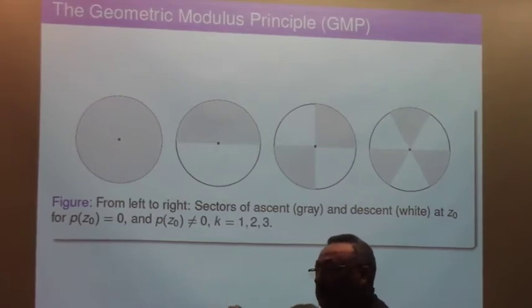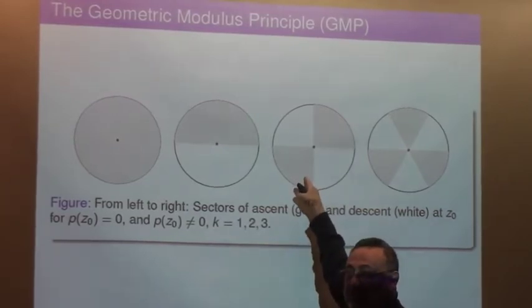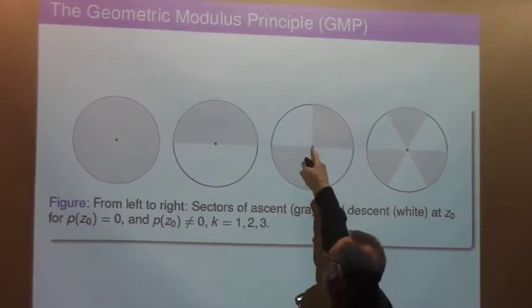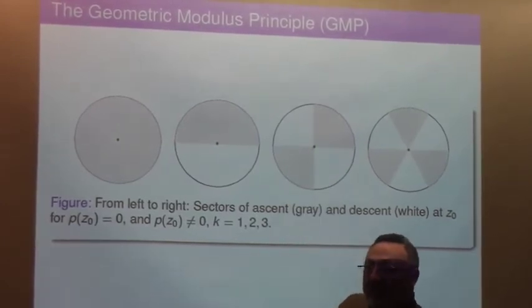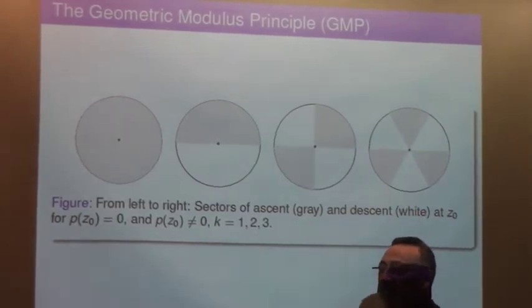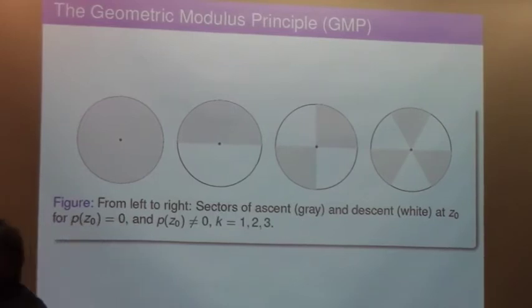I'm not saying how much. It may not necessarily be the same amount at every point. If the first derivative is 0 but the second derivative is not 0, it splits like this. And this is when the first and second are 0. So it's very nice. I was surprised this was not done before.